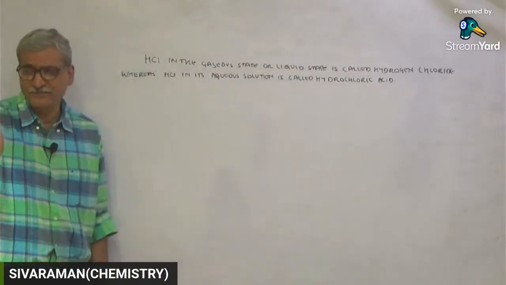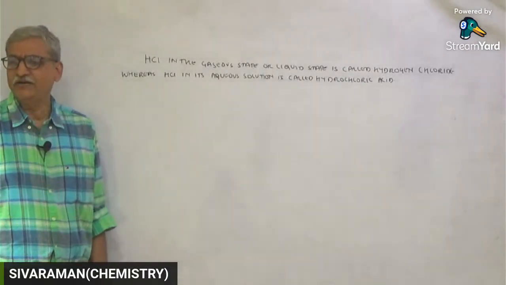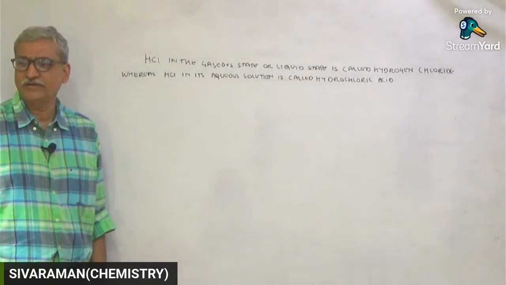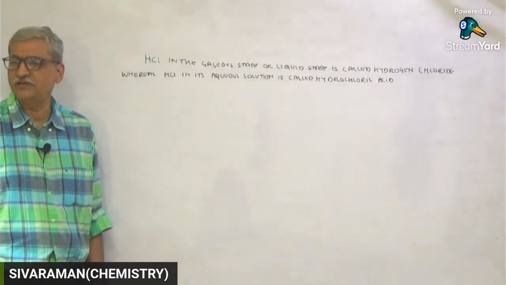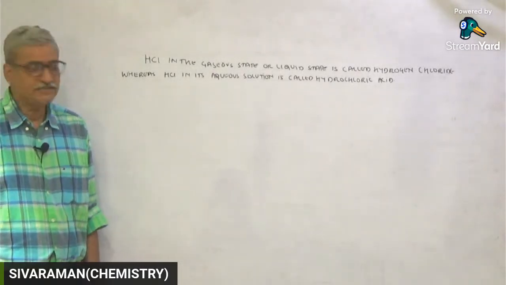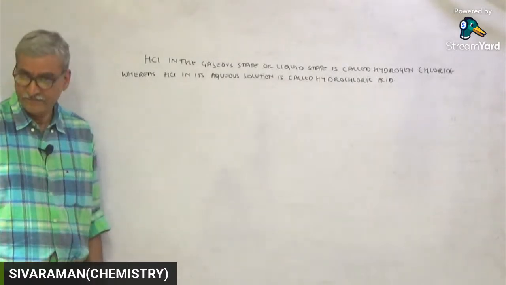So this is the simple difference between hydrogen chloride and hydrochloric acid. The moment you dissolve it in water, it is hydrochloric acid.